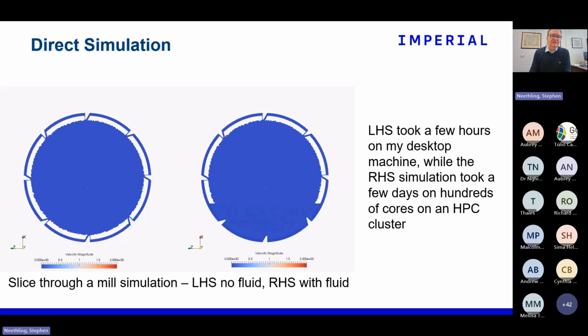The right-hand one with the fluid has about 1.5 orders of magnitude more fluid particles in there than there are DEM objects. And that took a few days on a few hundred cores on a high-performance computing cluster. So it's computationally dramatically more expensive than doing the pure DEM simulation in this case.